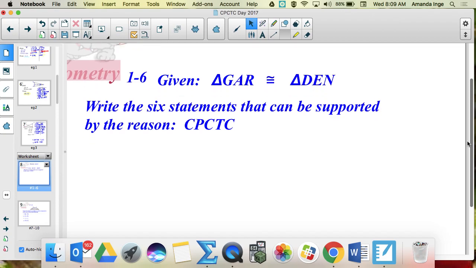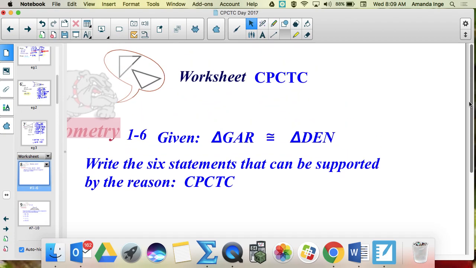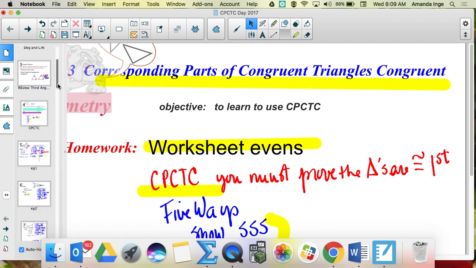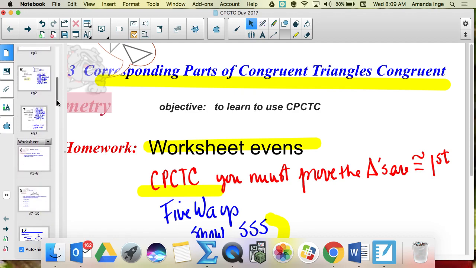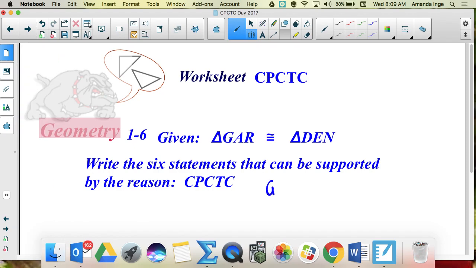I know that you have the even ones for homework, so I'm going to be doing the odd ones, but in this particular section, I'm just going to do them all. So we'll start with the sides.